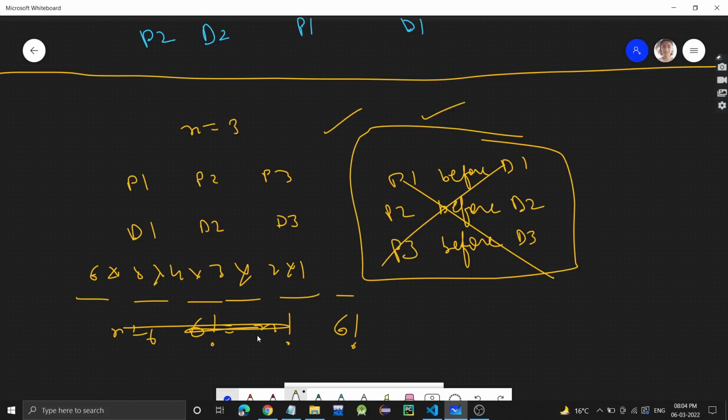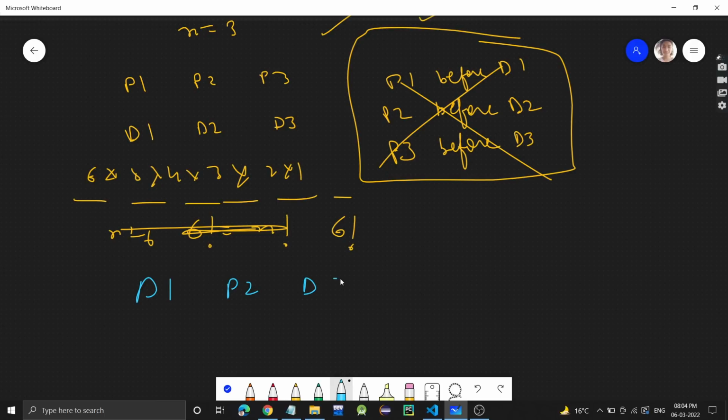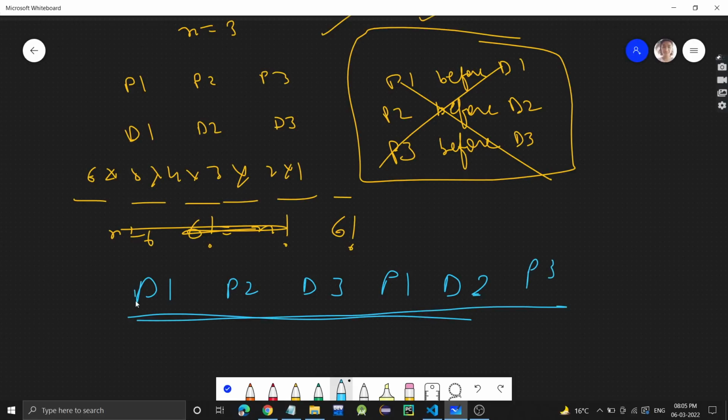If we follow this 6 factorial approach, a permutation could be d1 coming first and then p1, then d1, p2, d3, p1, and then let's say d2 and p3. That could also be a permutation, but this is a wrong case, because d1 is coming before p1.